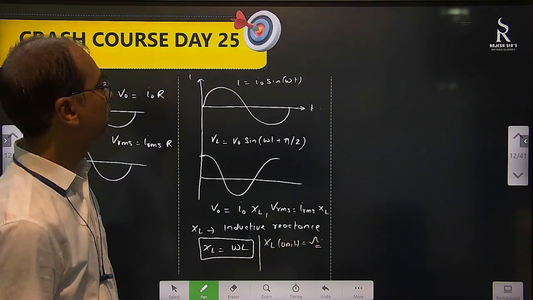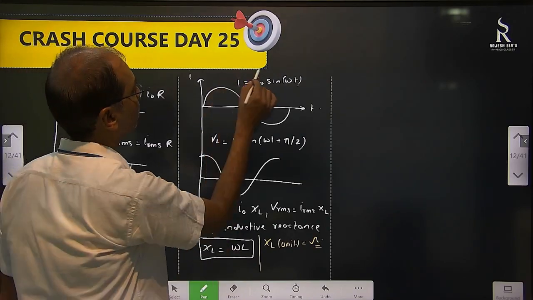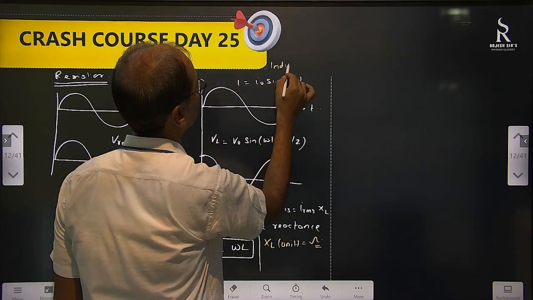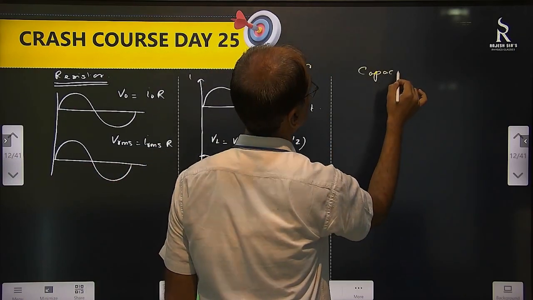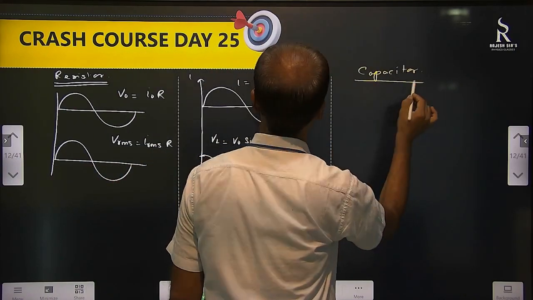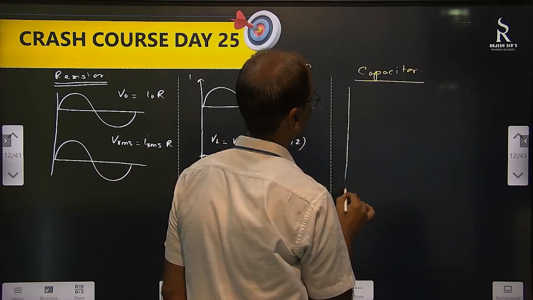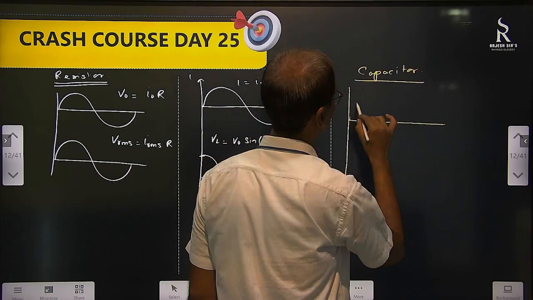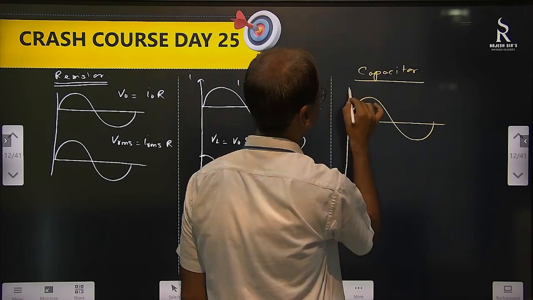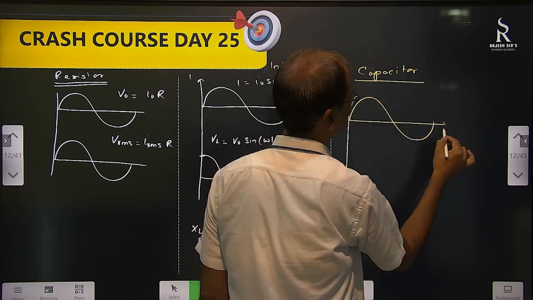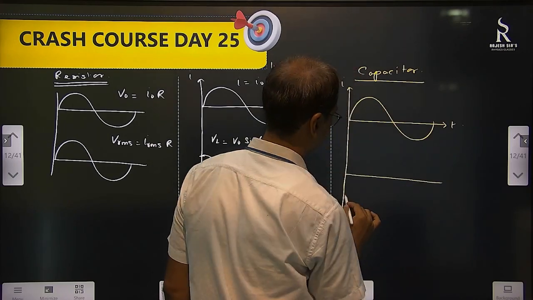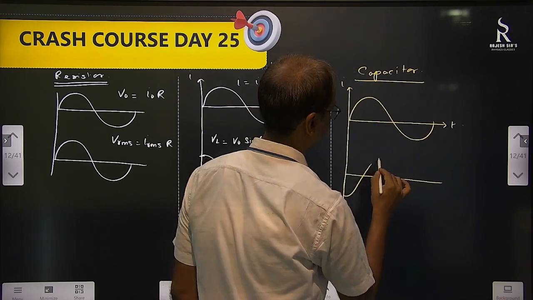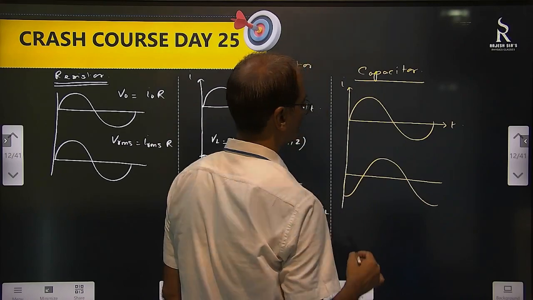All right, in the same way, this is inductor and now here is capacitor. In the capacitor's case, if we make the graph, this is I naught sine omega t, so the I versus t curve. Then how is it over here? It starts from here, like this. What is this?